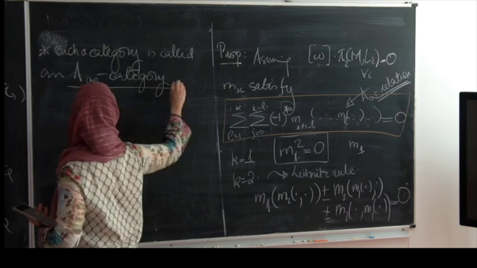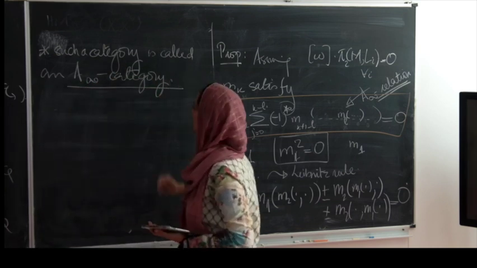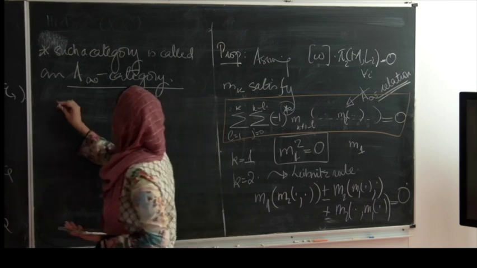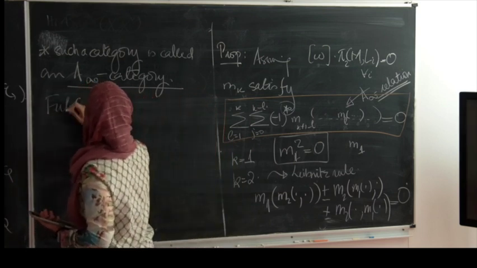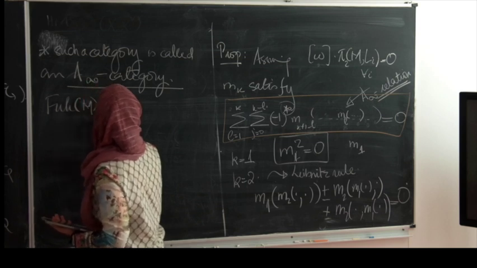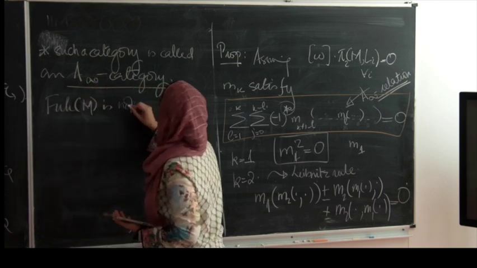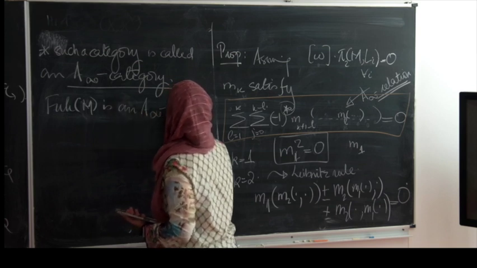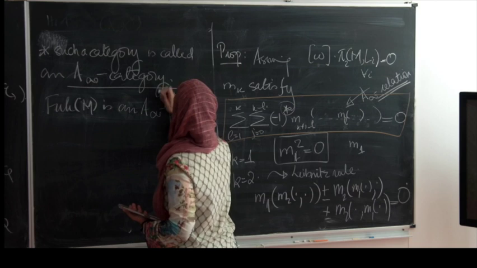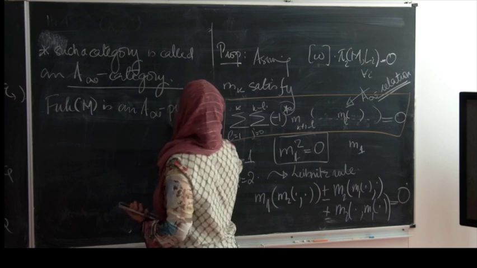Okay, we postpone the definition of this. That's a definition. So the Fukaya category is an A infinity pre-category. Now, what does that mean?